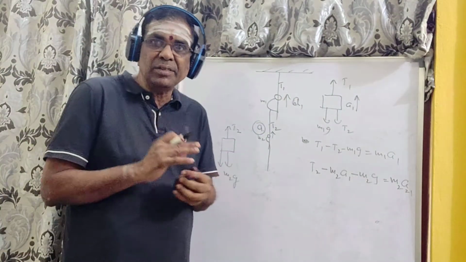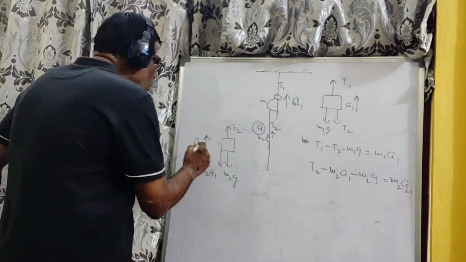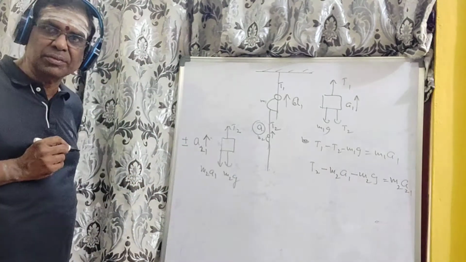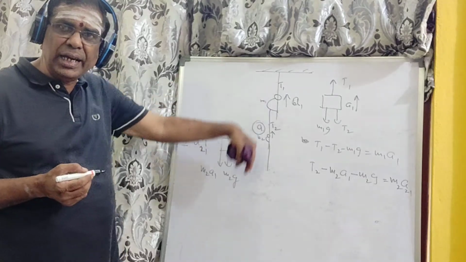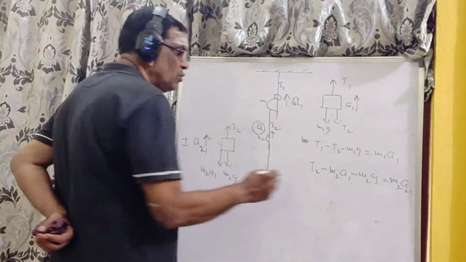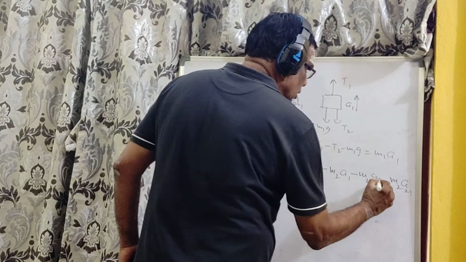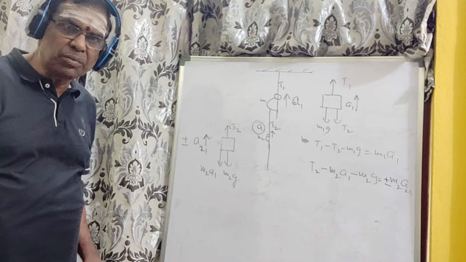Sometimes they say, see, this is how if it is moving up. Now, if I take this as plus or minus, that means it may be accelerating up or it may be accelerating down. So in which case, what do I do here? Based on that, we will take it. You got the point?